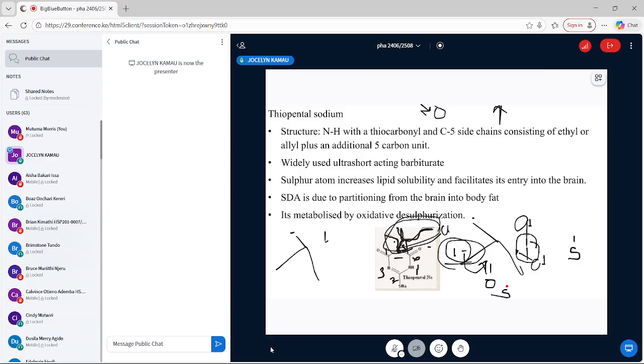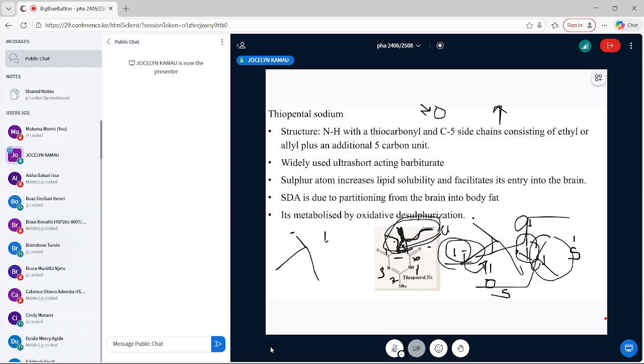Another characteristic I want us to see from thiopental sodium is this branching. This branching is also very important. The branching in barbiturates can either be at this point, as we see it here, or in some of them, the branching is at the end. If you check the structure of aprobarbital and butarbital, you find that the branching with a methyl group is at the tail end, at the ultimate carbon.